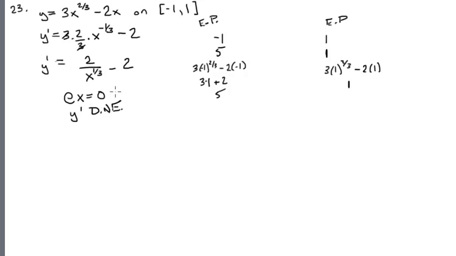The reason for that is we get division by 0 here, so that would indicate that the derivative doesn't exist at this point, 0. And 0 is right in between -1 and 1, so this is a critical point.